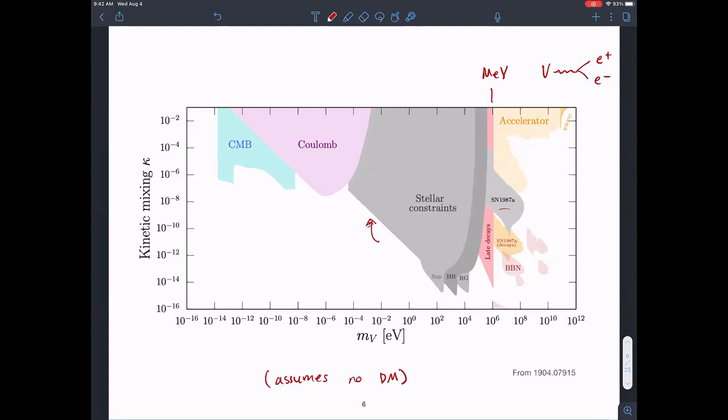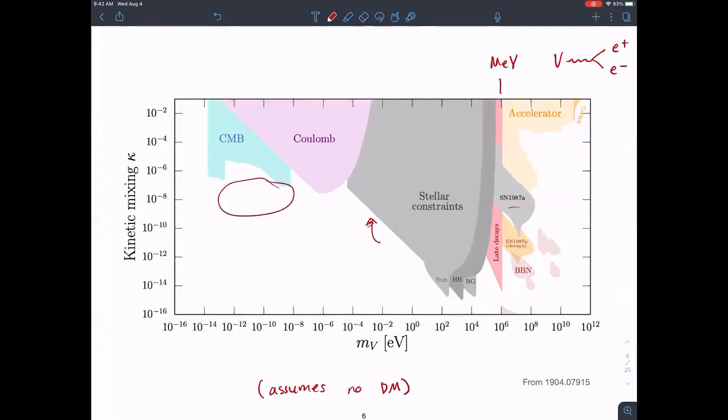I wanted to introduce this to highlight the fact that dark photons are special, because the constraints become much weaker once the dark photon mass is sufficiently low. One of the benchmark points I'll look at is a dark photon in this region. This will be what I'll consider a light mediator.